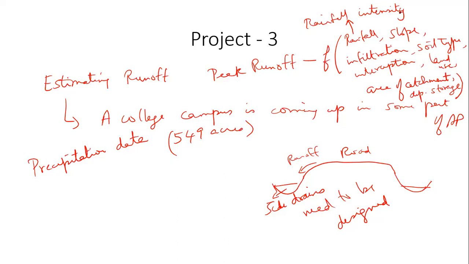Suppose I set up a rainfall monitoring gauge on this campus, and I'm collecting information about rainfall intensity, and suppose my data tells me that at this particular location on some day it received 10 centimeters per hour of rainfall. The intensity was 10 centimeters per hour, but it only lasted for 2 minutes. Does that 2 minutes of rainfall duration matter here or does it not matter?